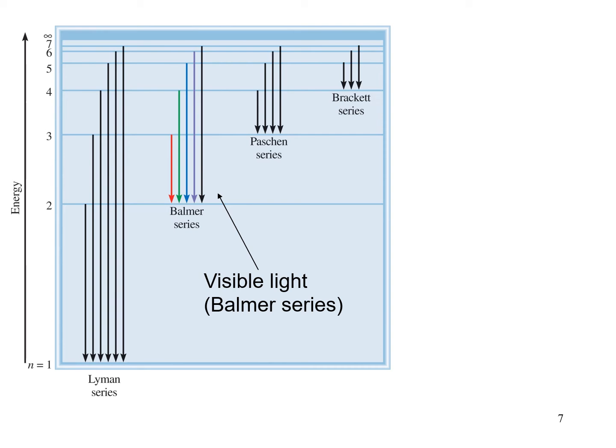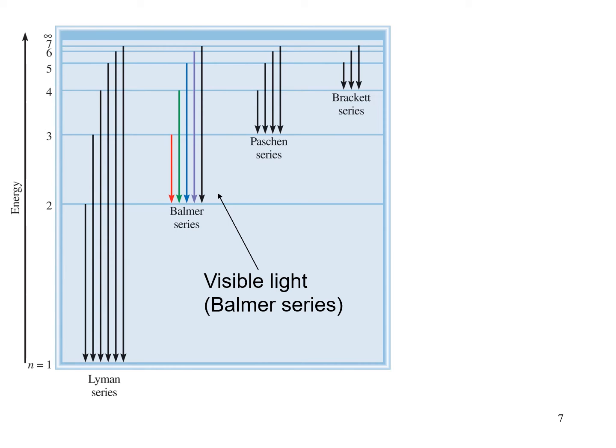We have different series here representing different transitions between energy levels. We have the Lyman series, the Balmer series, the Paschen, and the Brackett. We're going to focus some of our attention on the visible light series, seeing as how that's what we talked about originally with the hydrogen atom.